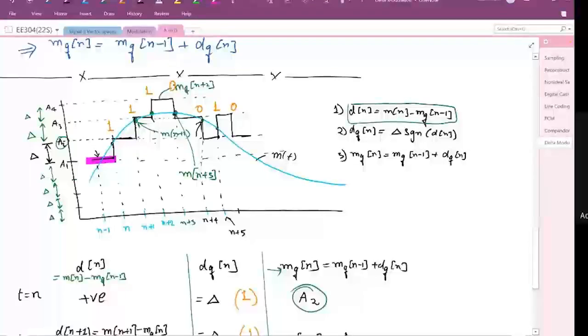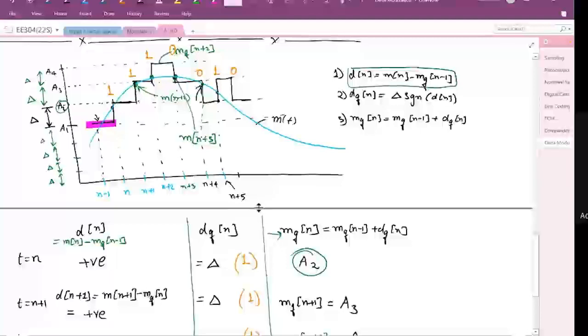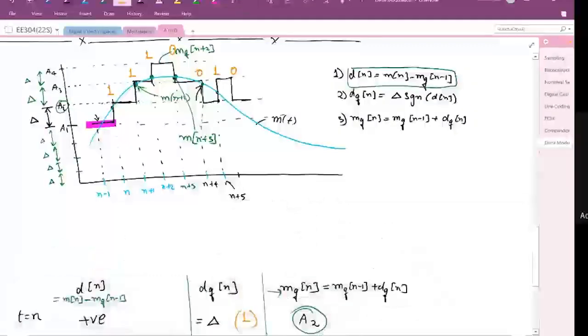So if I check this, at every sampling instant, how many bits are we producing? The sequence that I'm getting is 1 1 1 0 0 1 0, like this.